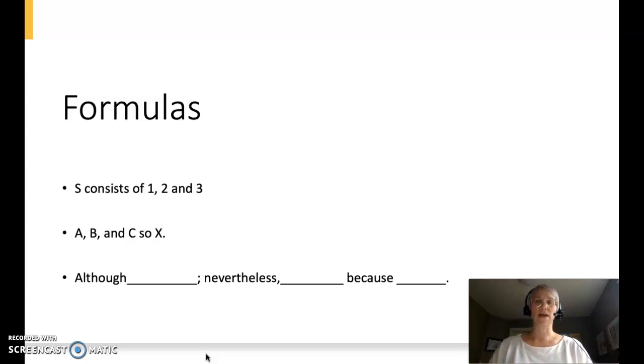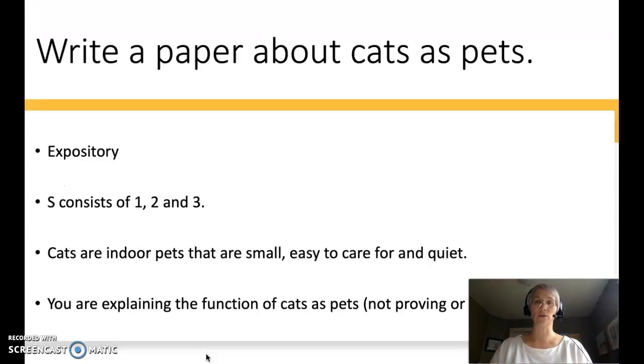A, B, and C, so X is typically used for analytical papers, sometimes argumentative. And although, nevertheless, and because is typically used for argumentative and comparative papers. Formulas are really useful because they give you a framework to plug your ideas into until they sound the way you want them to sound.